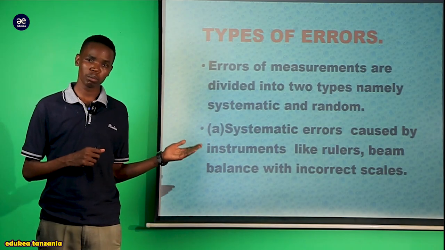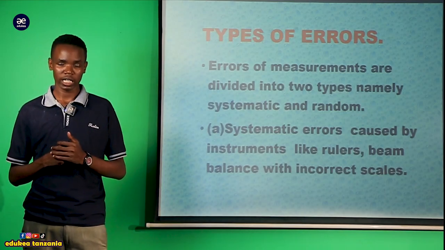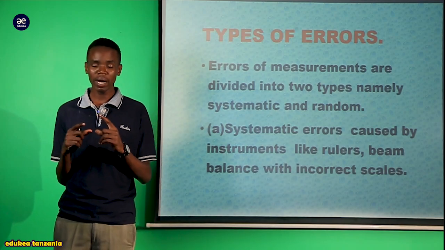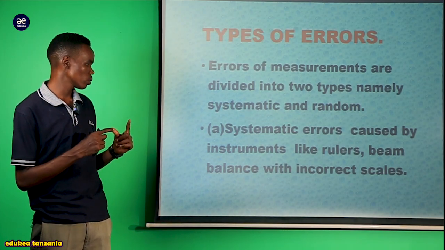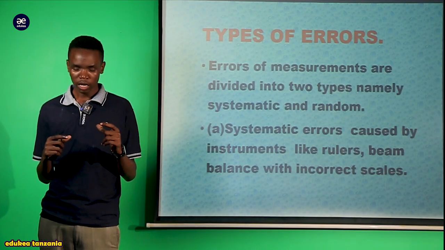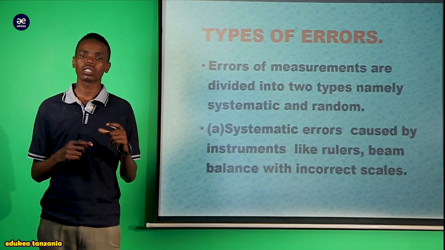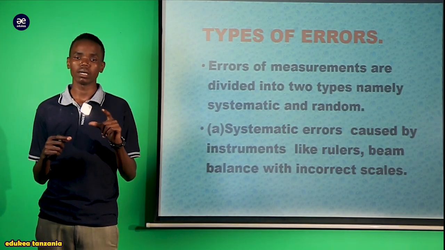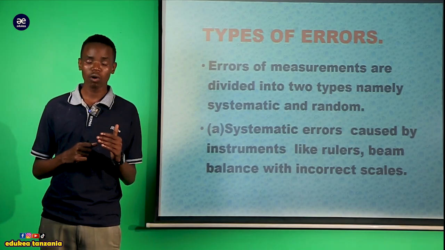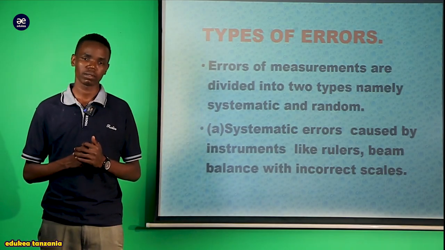For instance, the beam balance is an instrument that is used to measure the mass. So if the beam balance involves incorrect scales, it makes you obtain errors during the measurements. That is how we can explain the systematic errors.